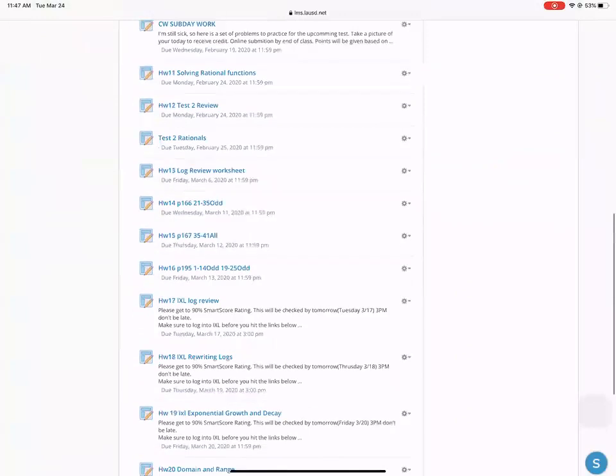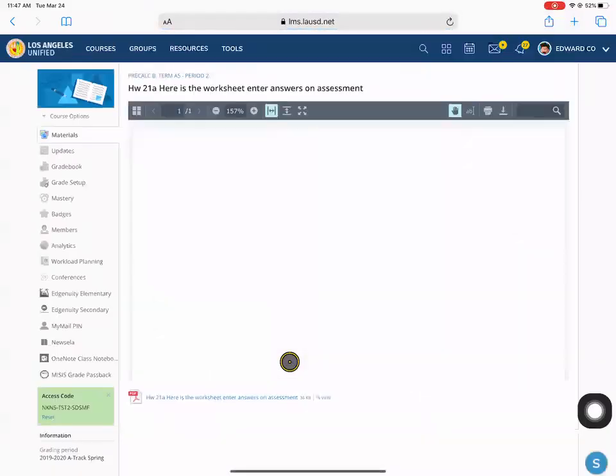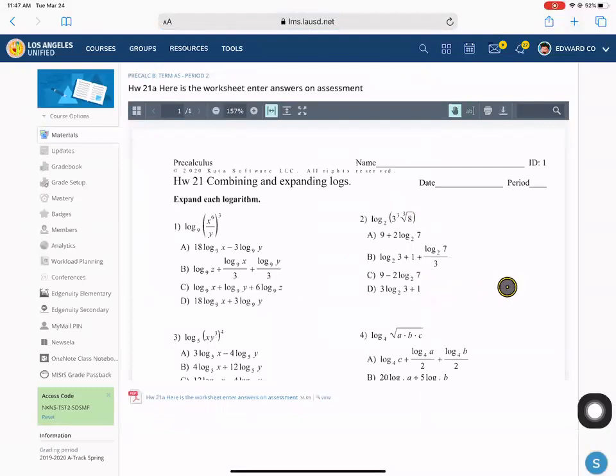Down here at the bottom, you guys have worksheets, enter an answer on the assessment. That's a worksheet. And then homework 22A, this here is the assignment. So you're going to open up the PDF and do all the problems first. As you can see, there are problems like we did before, expand each log. And there are just 4 questions to see if the system works.